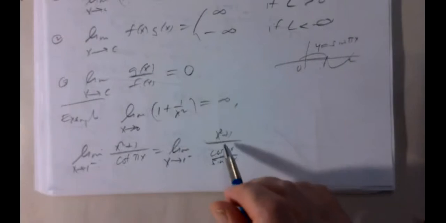As x goes to 1, cosine of pi is minus 1. But as x goes to 1, sine of pi x is approaching 0. This is the graph of sine of pi x. As x approaches 1 from the left, this is positive. So this is a positive number going to 0. So cosine over this is going to infinity.